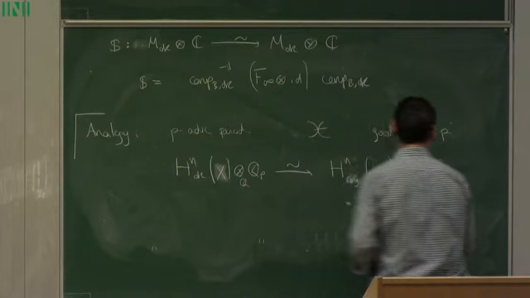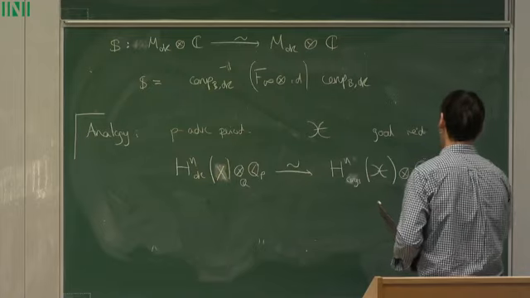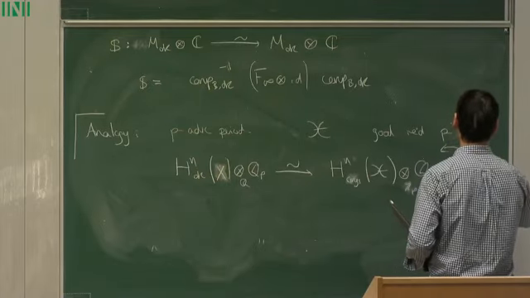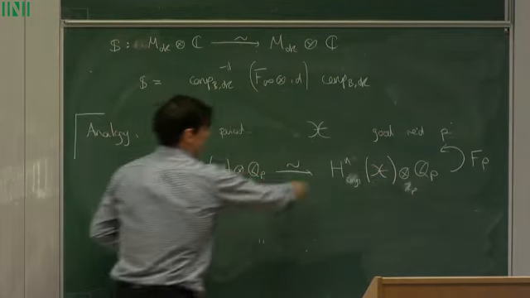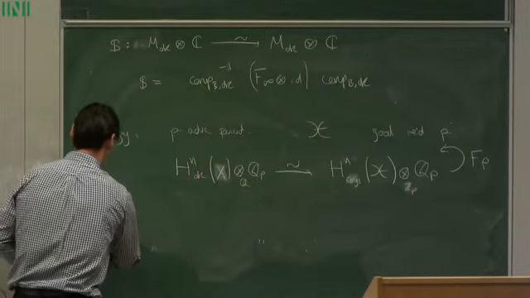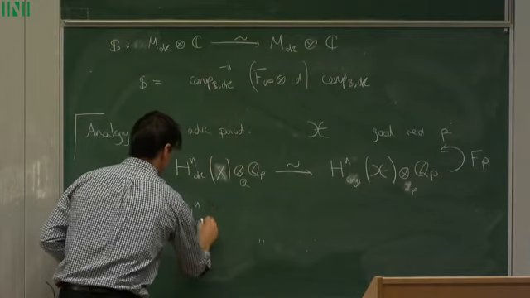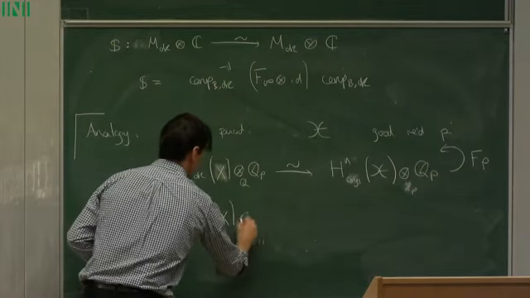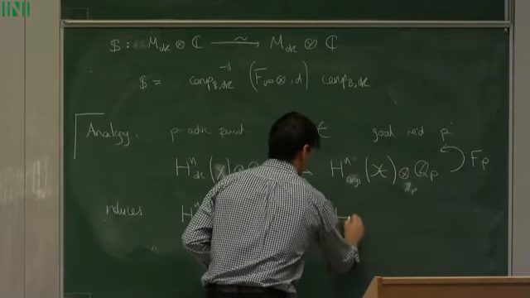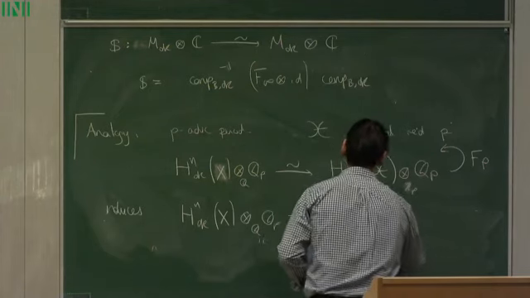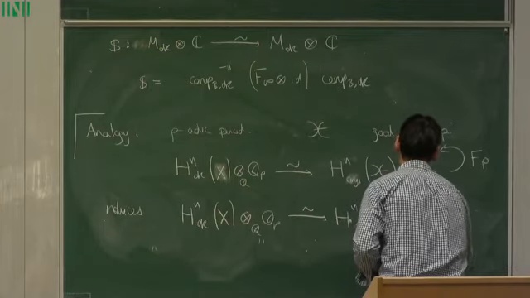For example, you can take Monsky-Washnitzer cohomology, and there's a lift of Frobenius, which gives an involution on the crystalline cohomology. And this induces a map called F_p on the de Rham cohomology of X tensored with Q_p.